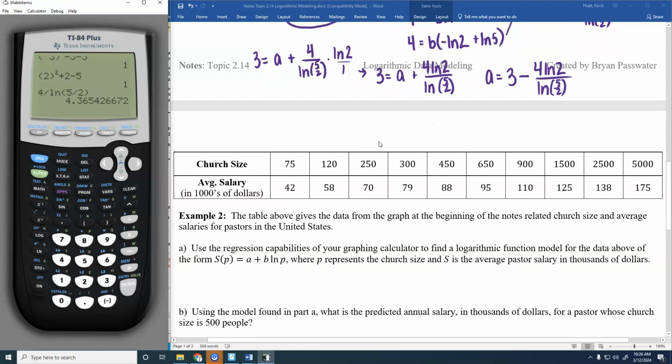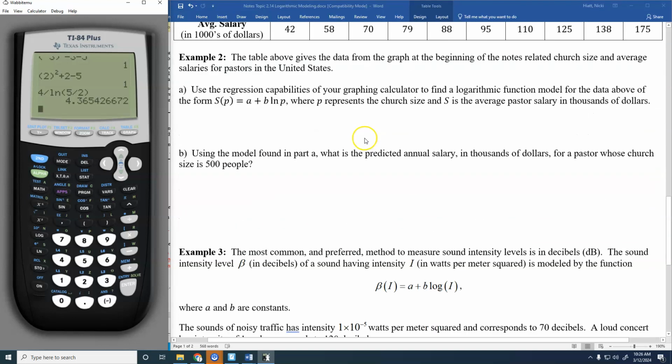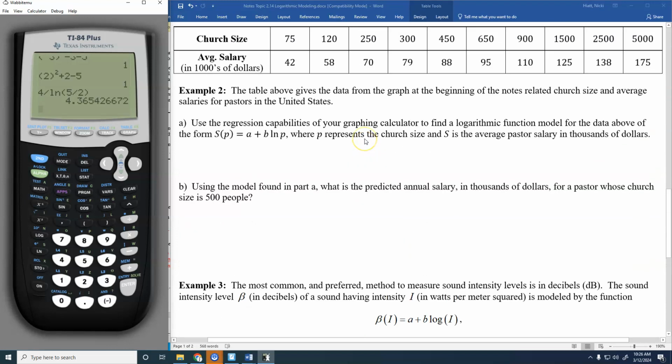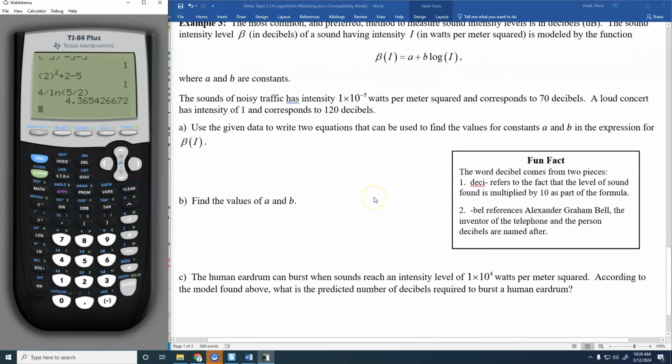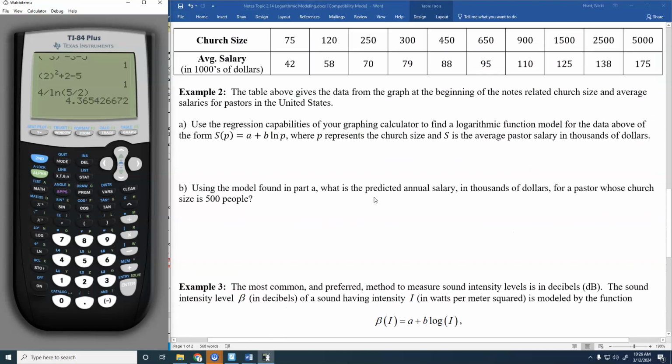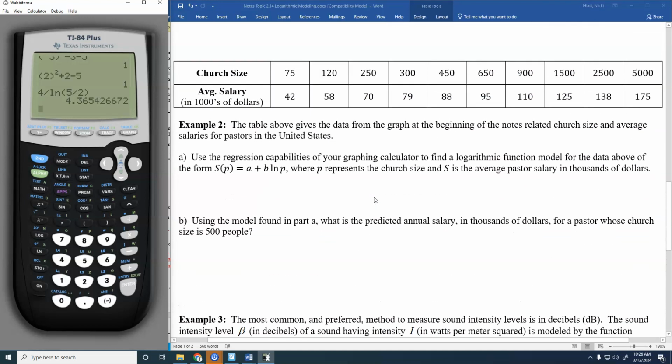Okay, now let's look at using our calculator to do a regression for this. Use the regression capabilities of your calculator. He did not put the regression directions here, and I didn't add them in because we've done a lot of these, right?